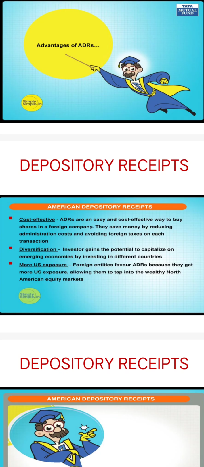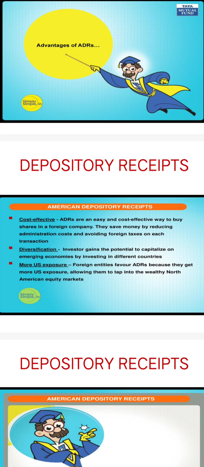The next thing is the advantages of ADRs. Cost effective: ADRs are an easy and cost effective way to buy shares in foreign companies. They save money by reducing administration costs and avoiding foreign taxes on each transaction. The next advantage is diversification.